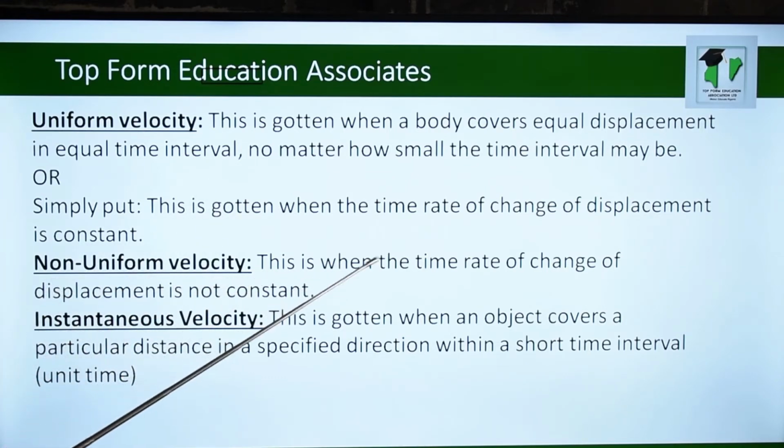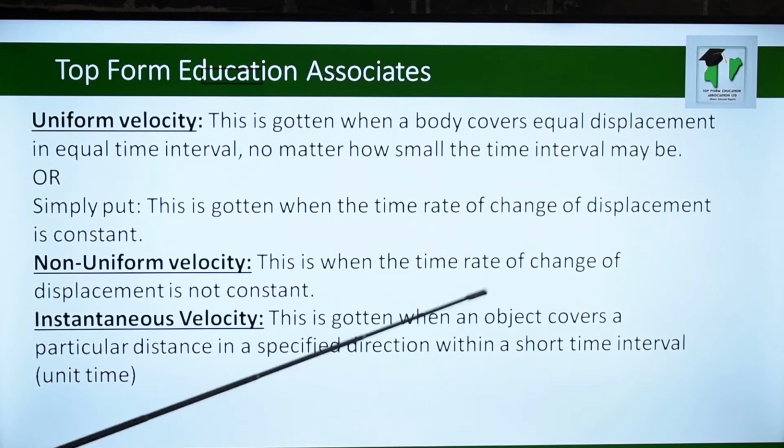The next is non-uniform velocity. This is when the time rate of change of displacement is not what? Constant. We have it there that the displacement there is the same. We have divided the distance there to be equal, but the time taken is not the same. It could be that as you are going there to that office, someone sends you to go to somewhere else, and you now change your direction.